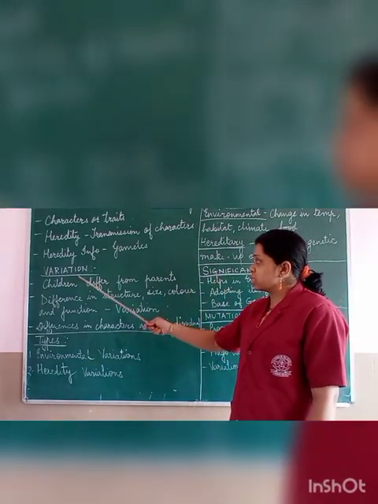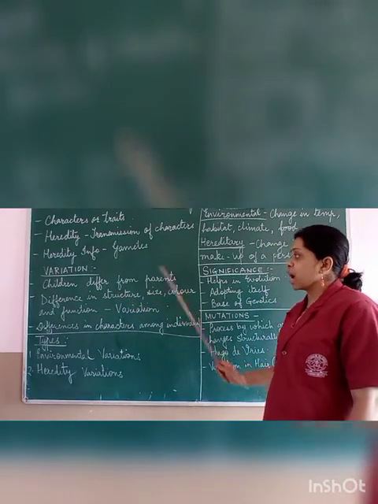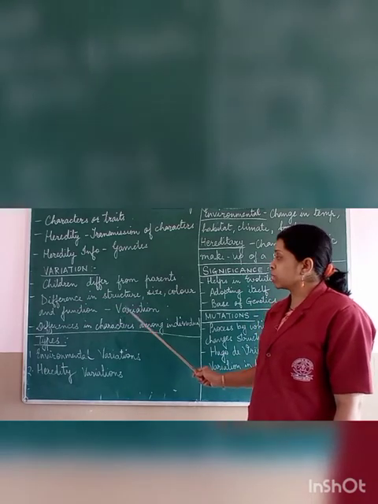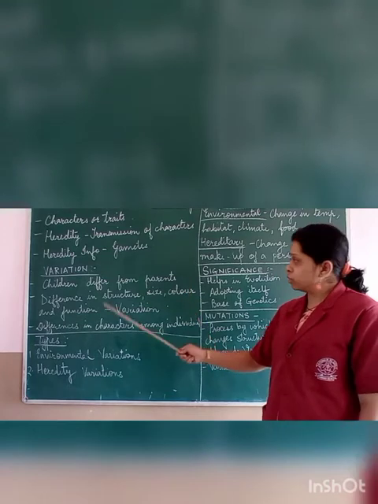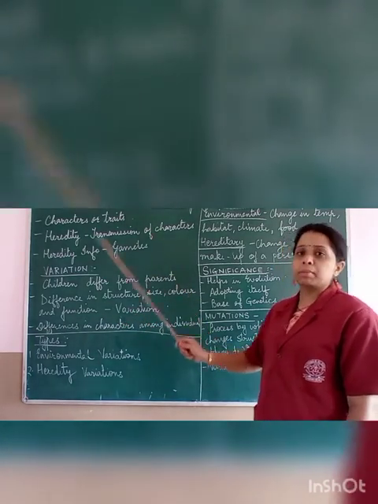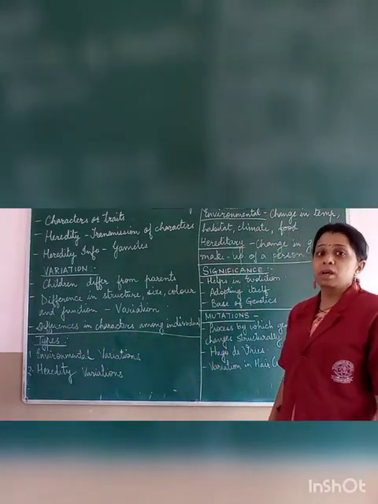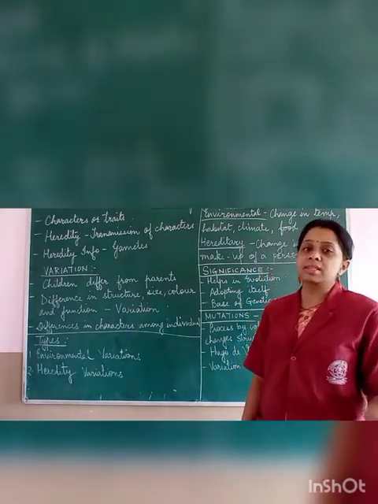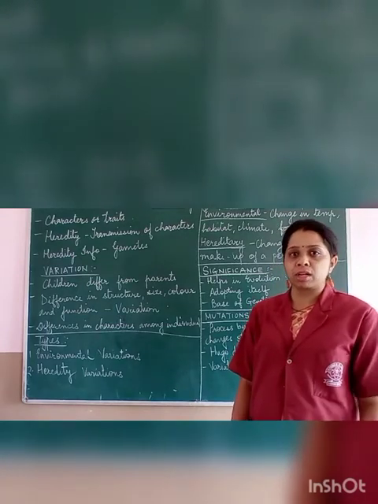So variation is when there is a difference in structure, size, color and function. Variation can be defined as differences in characters among individuals, which are observed in each and every individual.